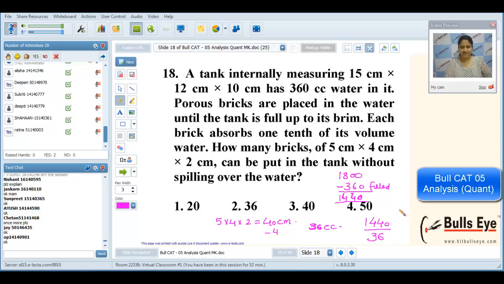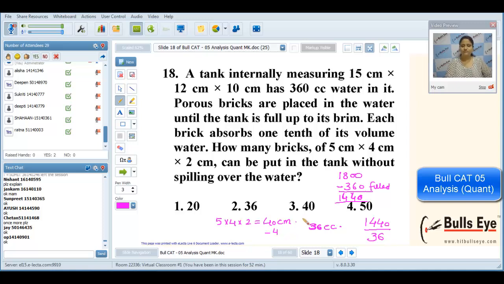See, 1800 cc is the total capacity of the tank. 360 cc is already in the tank. It means the left quantity is 1440. That is the leftover, the unfilled quantity. If we put a brick of volume 40 cc, it will absorb 1/10 of its volume.